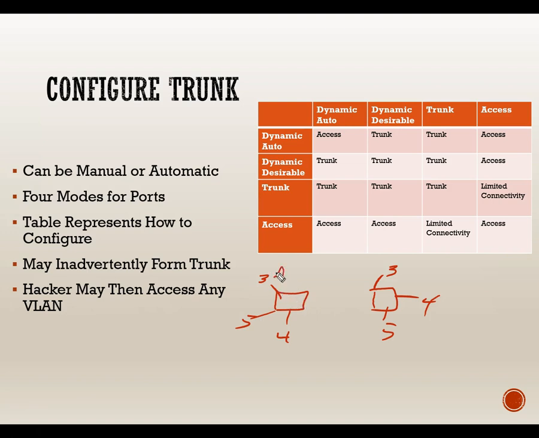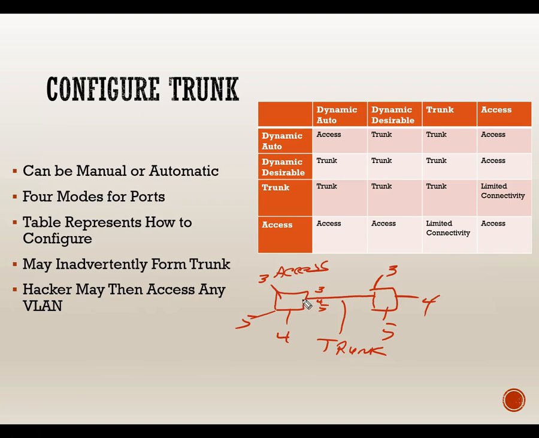These are going to be on access ports because they're going to access the network. Connecting the switches together to allow traffic from 3, 4, and 5 to get from one switch to the other is going to be a trunk port. So a trunk port carries the traffic for all of the VLANs.